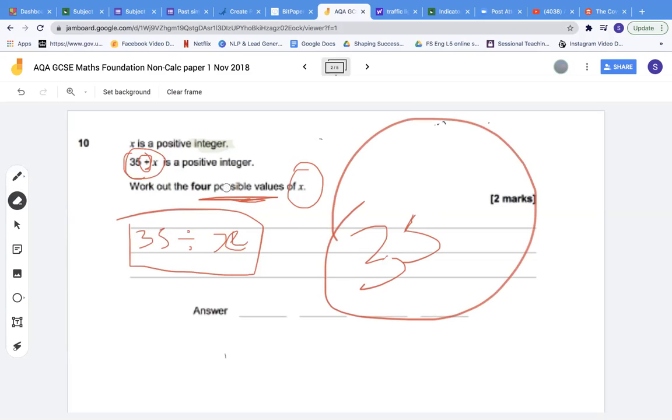Could the number of factors be a clue in identifying the values of x? So my question is, what numbers can go into 35 without leaving a remainder?